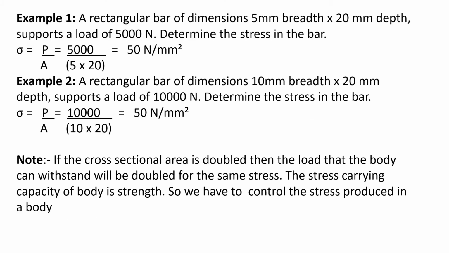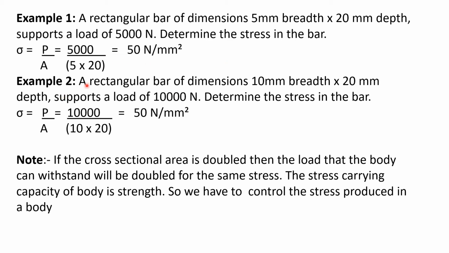For example, if a rectangular bar of dimension 5 mm breadth and 20 mm depth supports a load of 5000 N and we want to determine the stress in the bar, then sigma is equal to P upon A. So this is 5000 divided by the area 5 into 20. So the stress will come to 50 Newton per mm square.